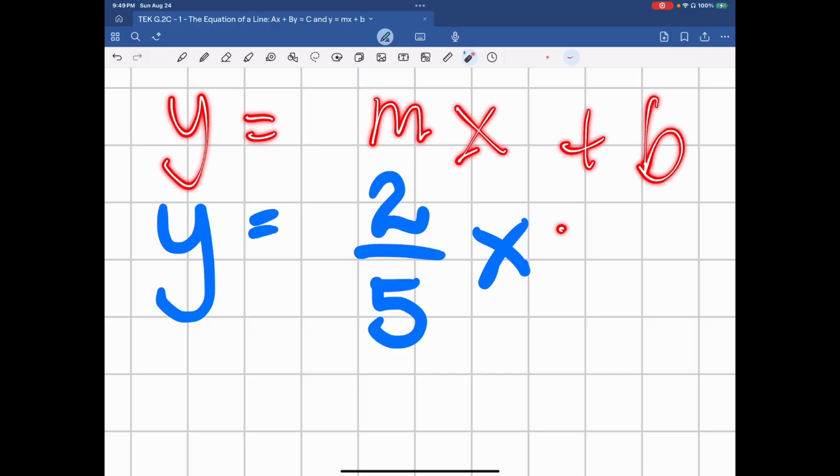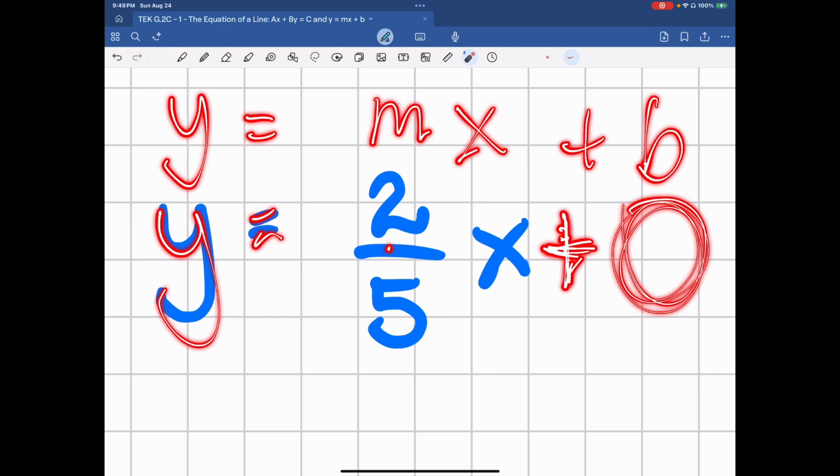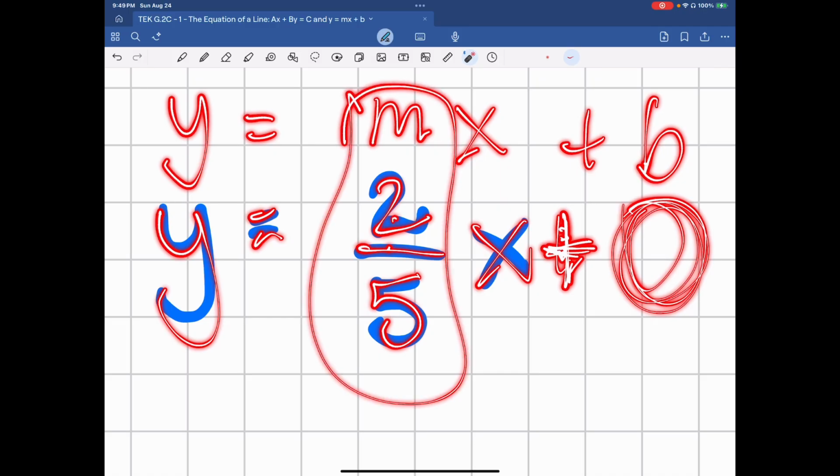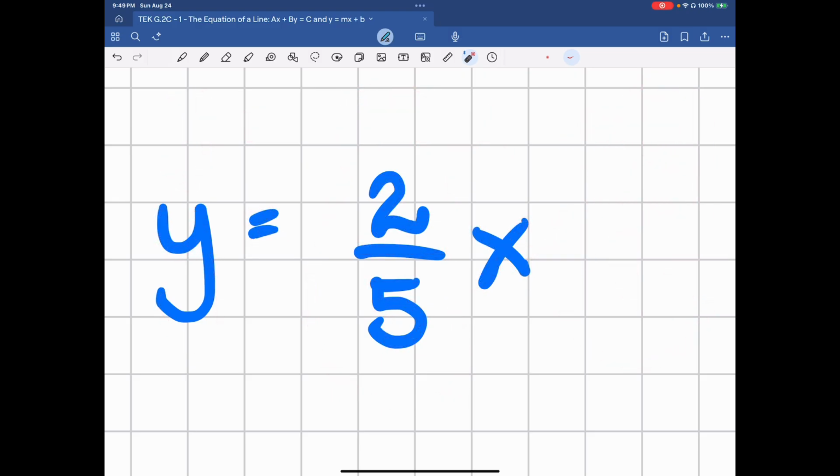Even though there are no numbers after the 2/5 x, we could actually write in plus 0. So the equation is y equals 2/5 x plus 0. Now that you see that, you can easily say my slope is 2/5, my y-intercept has to be 0.